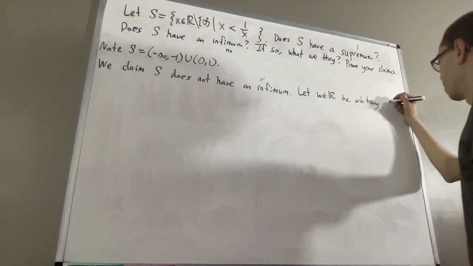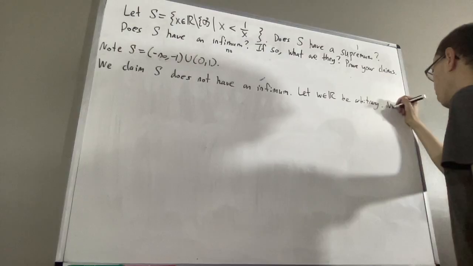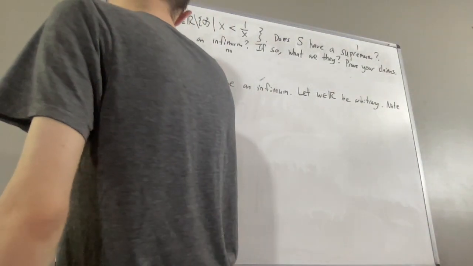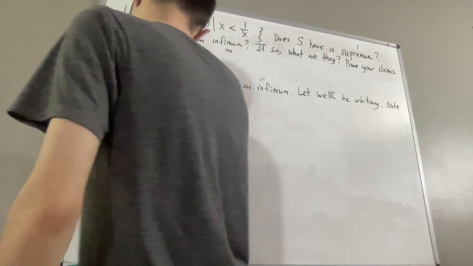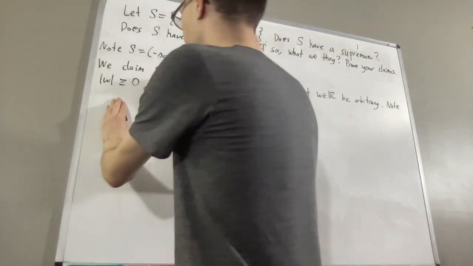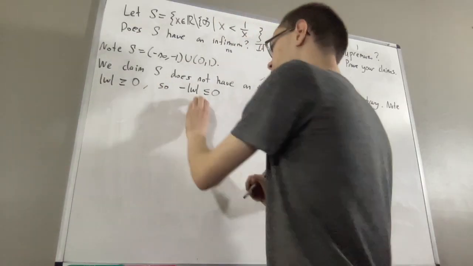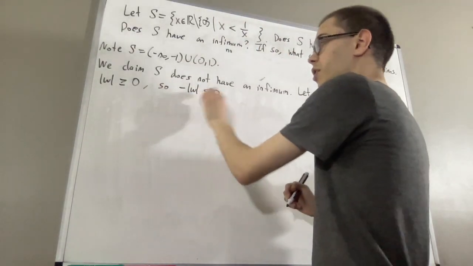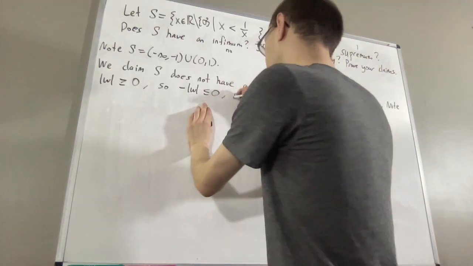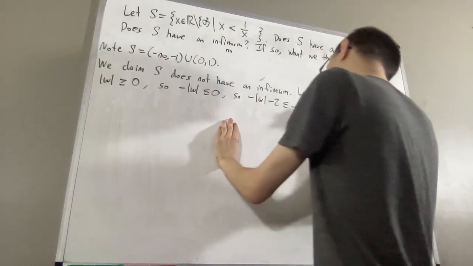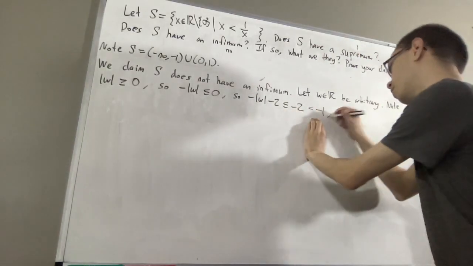So here's the idea. Note that the absolute value W is greater than or equal to 0. So negative absolute value W is less than or equal to 0. And so when we subtract 2 on both sides, we get negative absolute value W minus 2 less than or equal to negative 2, which is less than negative 1.